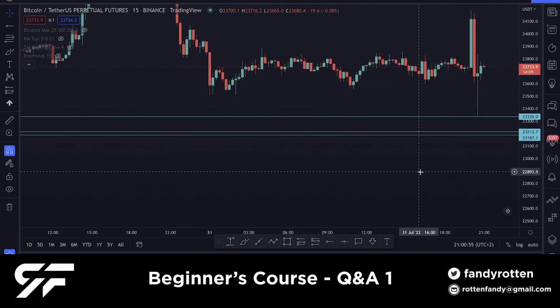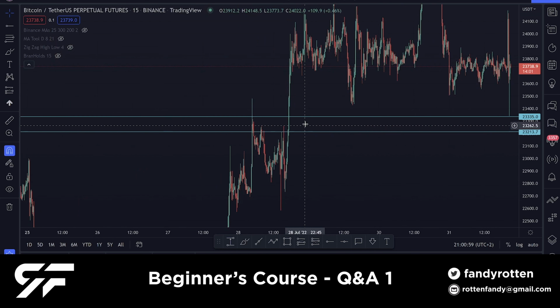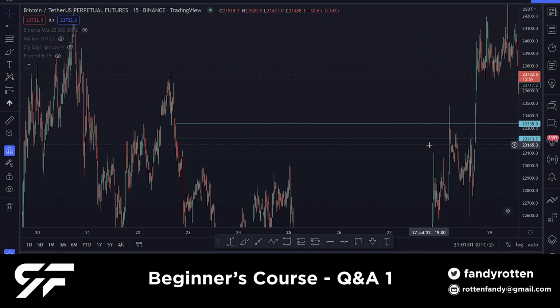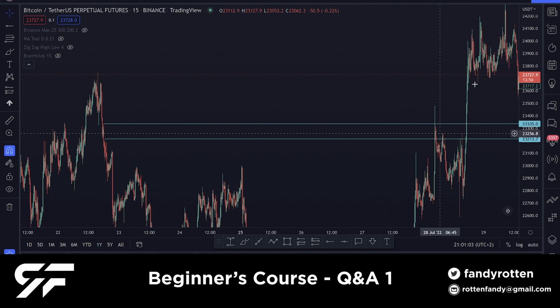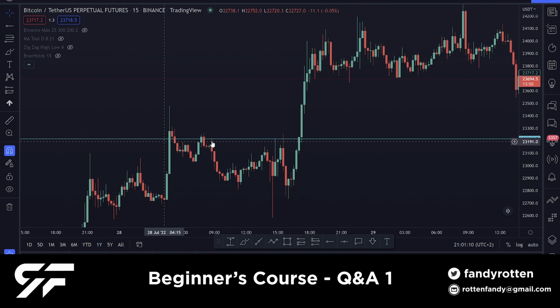So let's see which one is more correct, so we can erase this one. Okay, the upper one probably is not the correct one. Why? Because it only had one touch and just didn't act as resistance. However, the bottom one, yeah, seems more correct.